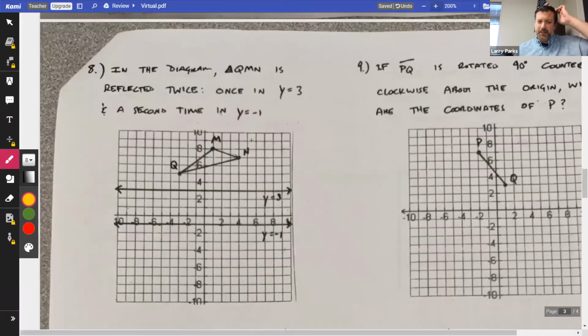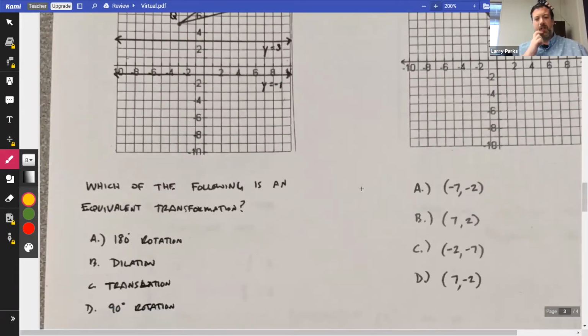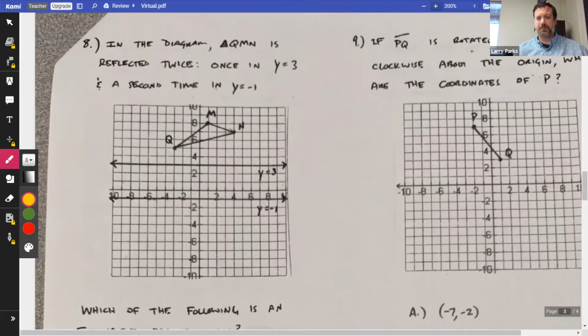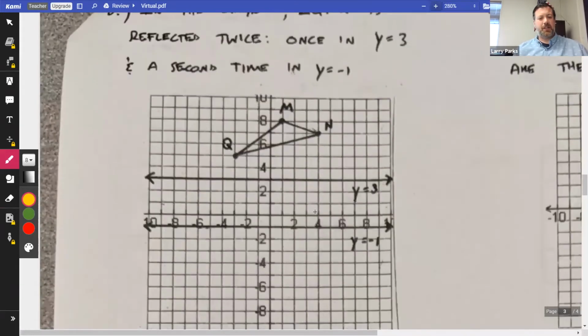In the triangle below, they want you to reflect twice, once in y equals 3, and then y equals -1. Which of the following would have been an equivalent transformation? I'm going to do this one real fast.